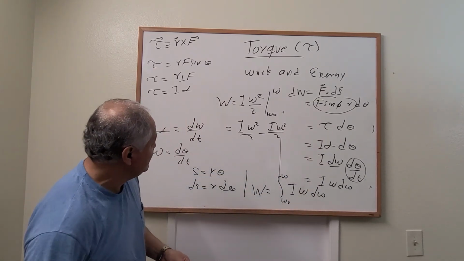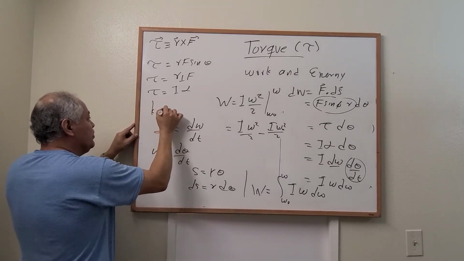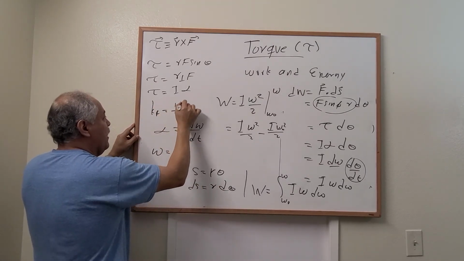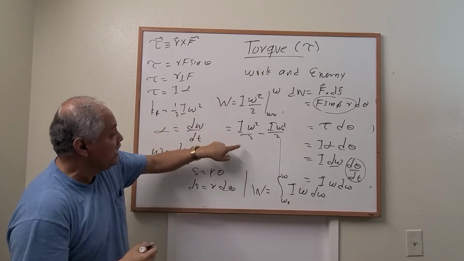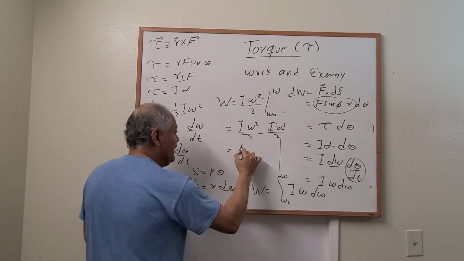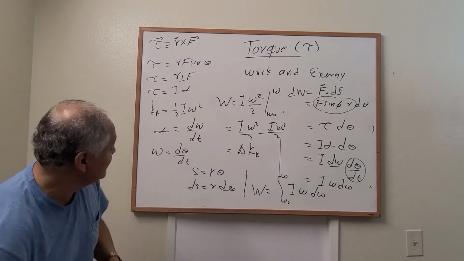What is this? Well, remember from the previous chapters we defined that the rotational energy is 1/2 moment of inertia omega squared. When we apply this definition, this equals the change in the rotational kinetic energy.